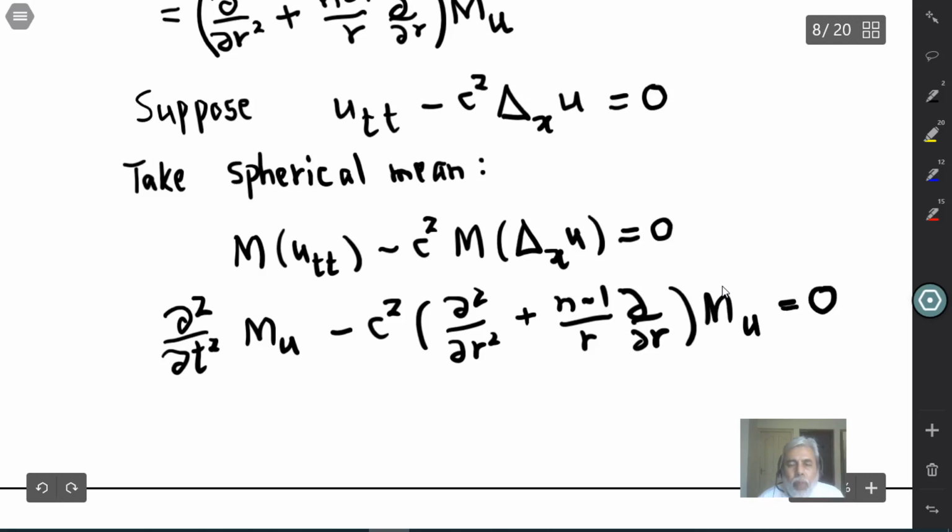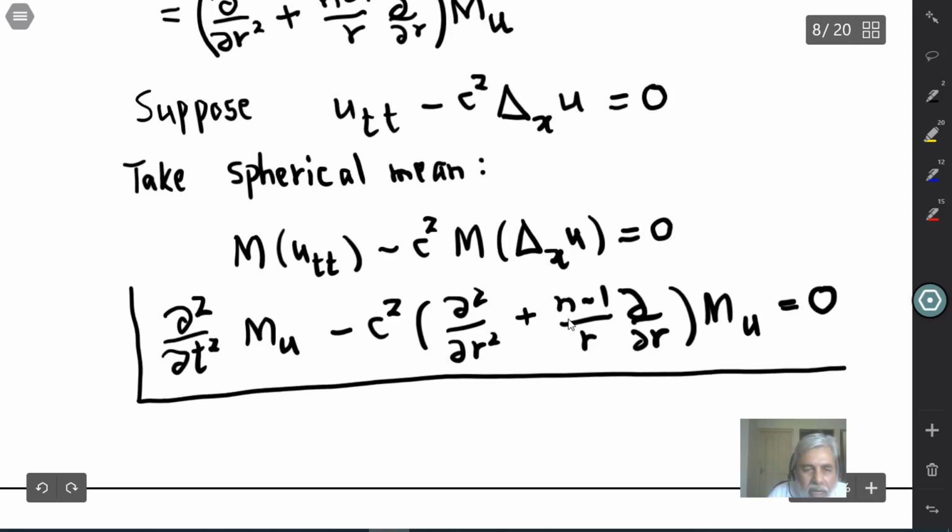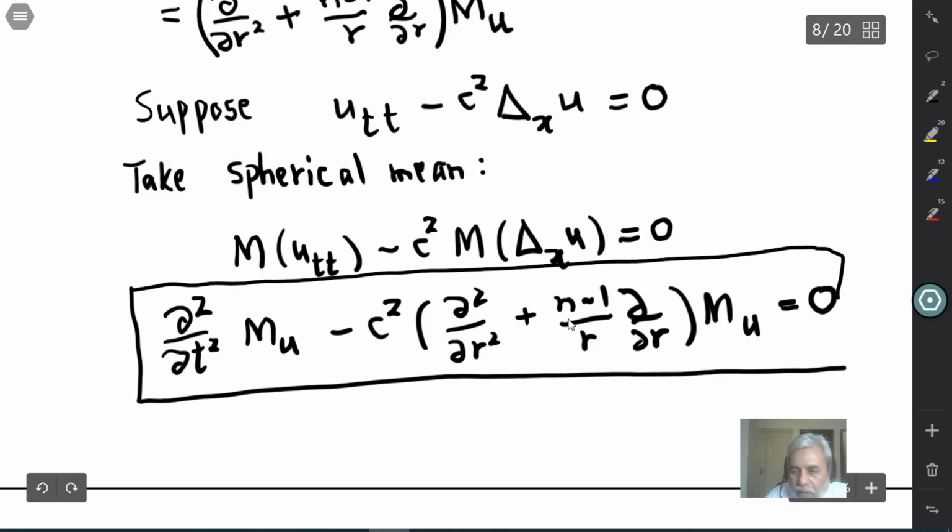So if u is a solution of the wave equation, then its spherical mean satisfies this equation. So this is our first observation. Okay, and in this equation notice that x plays only a role of a parameter.